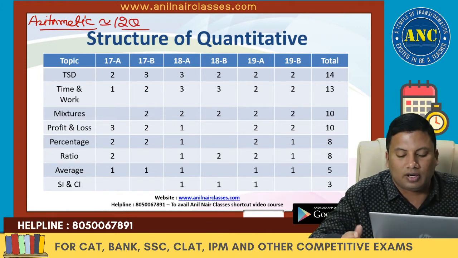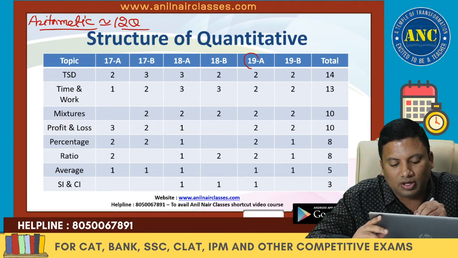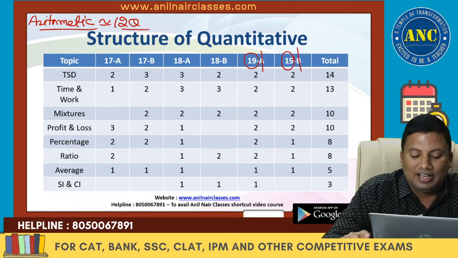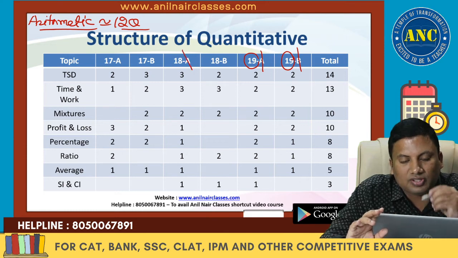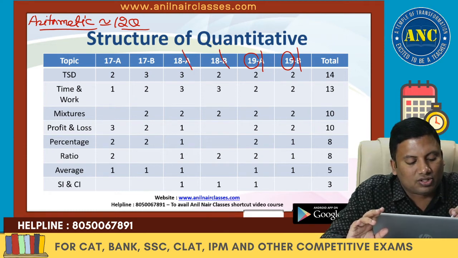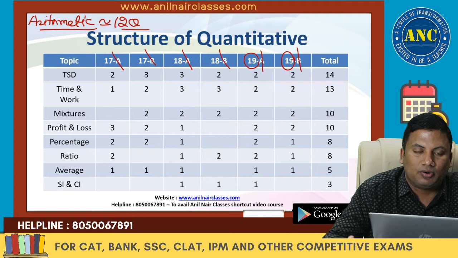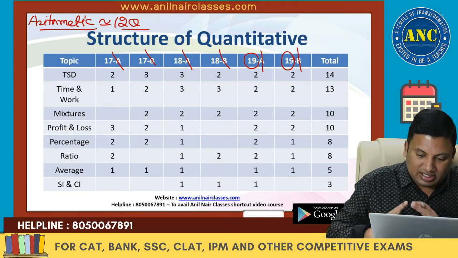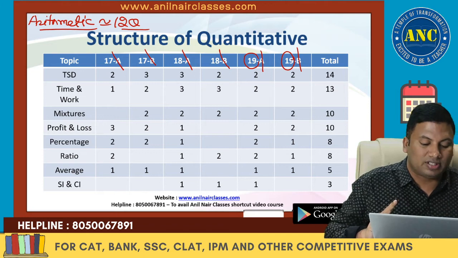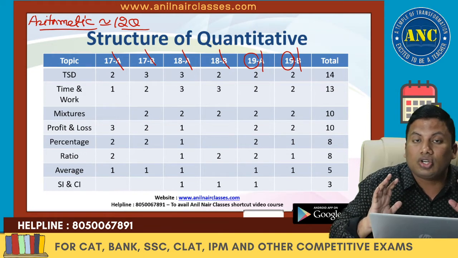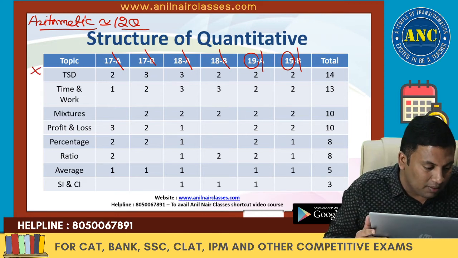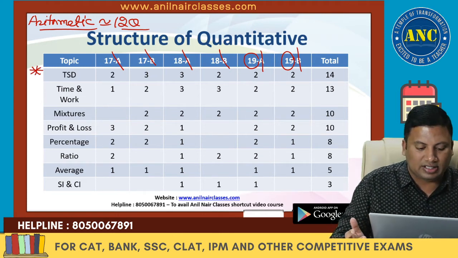Now in these 12 questions, this is CAT 2019 morning slot, CAT 2019 afternoon slot, 2018 morning slot, afternoon slot. Now if you look at it, in time, speed and distance, consistently from 2017, on an average 2 to 3 questions are coming. Extremely important, not to be neglected topic, right?